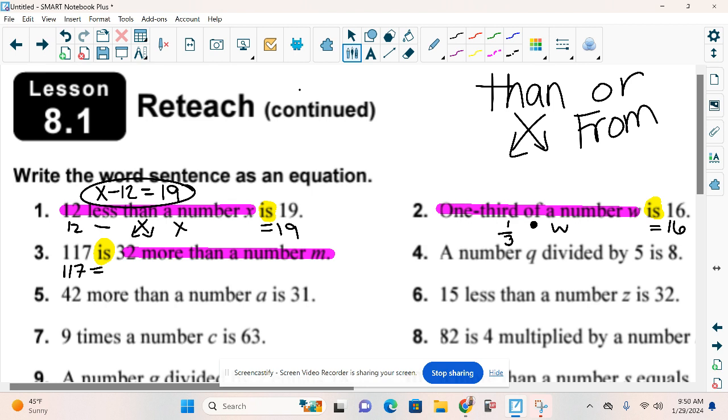What's my key words here? Alright, more means what operation? Add. Than is a swap word. Alright, so our answer would be 117 equals M plus 32.